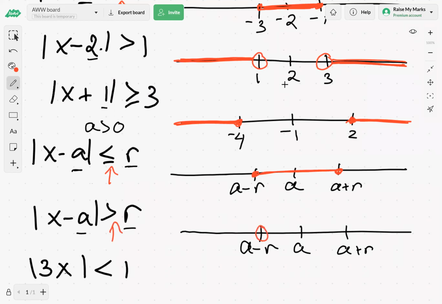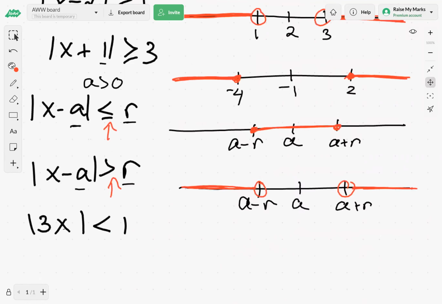So we're going to put open circles at the endpoints, so at A minus R and A plus R. And since our absolute value is greater than R, we're going to consider the values of x less than A minus R, and x greater than A plus R. Good.